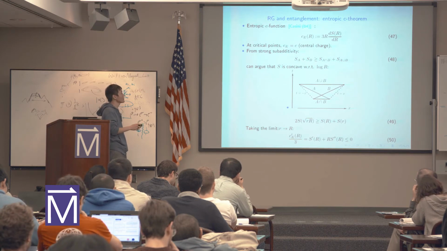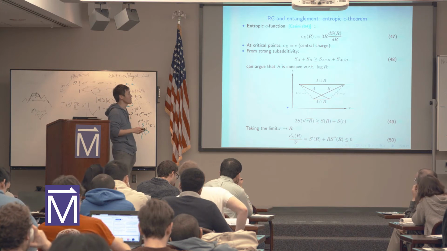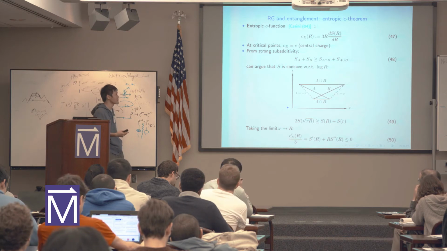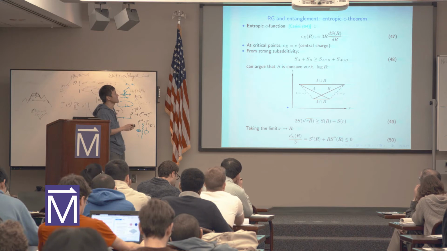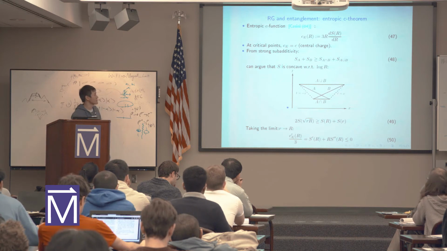This is called the entropic C function. If you remember the formula S = C/3 log R, at the critical point you can easily check that this function agrees with the central charge. So it's pretty much like a homologous C function.